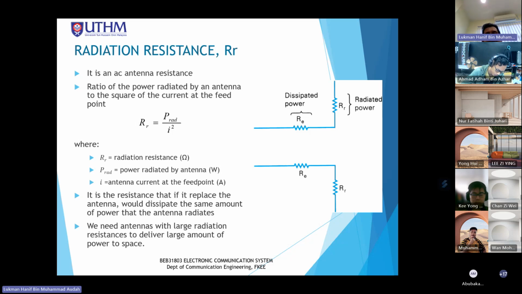Another thing is that the antenna can be represented in terms of resistive value. In this picture of the antenna, it consists of RE and also RR over here, R radiation. RE is the effective resistance, RR is the radiation resistance.